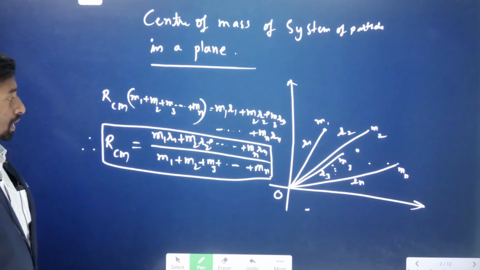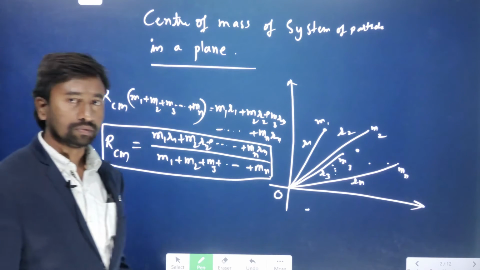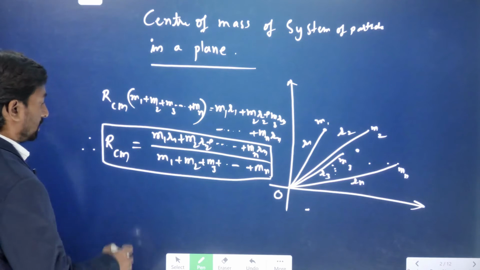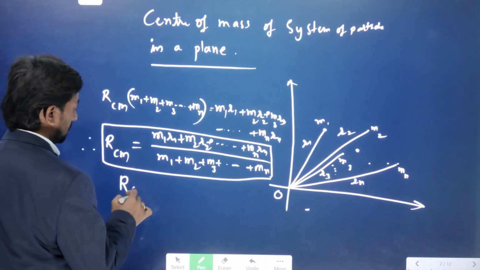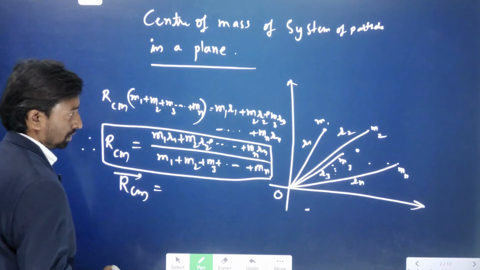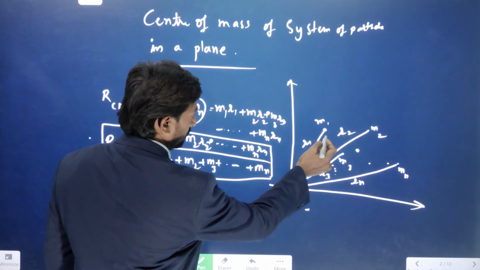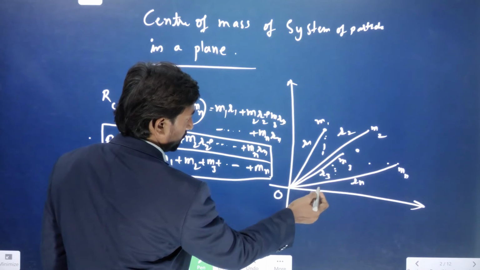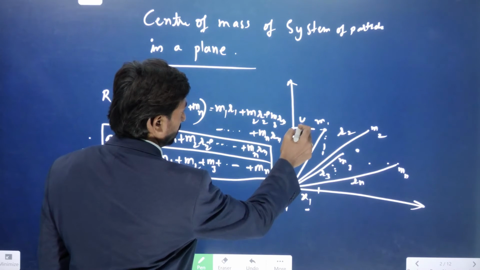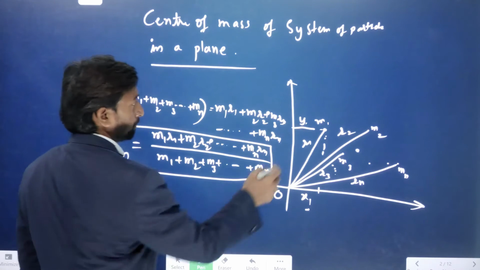This RCM can also be represented in vector form. So in vector notation, RCM bar can be represented as, see here. Like this particle has the x coordinate and y coordinate y1.